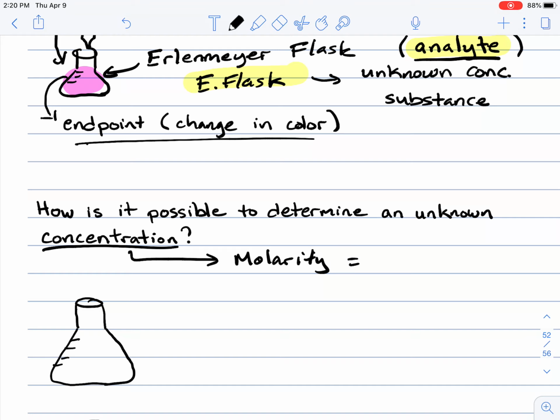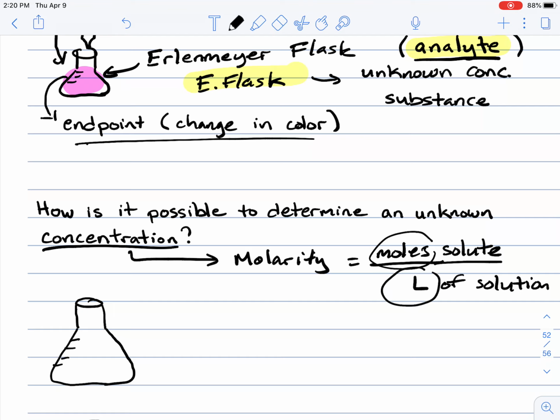Molarity is always equal to moles of solute per 1 liter of solution. So it's always moles per liter.